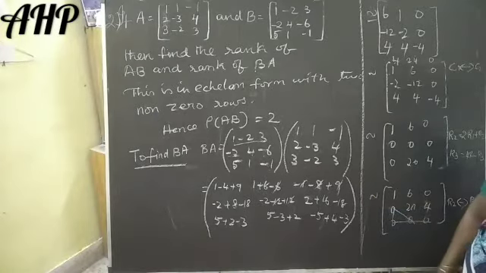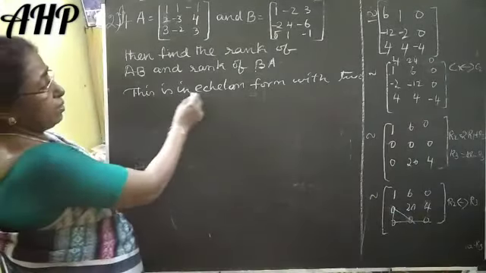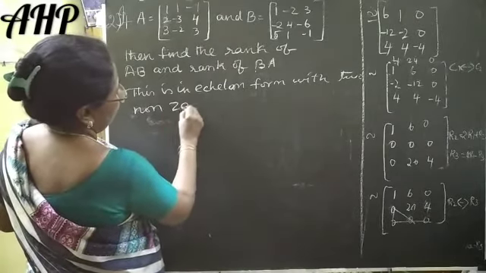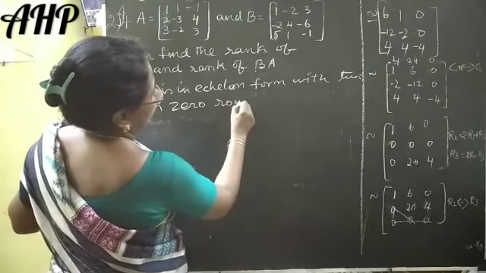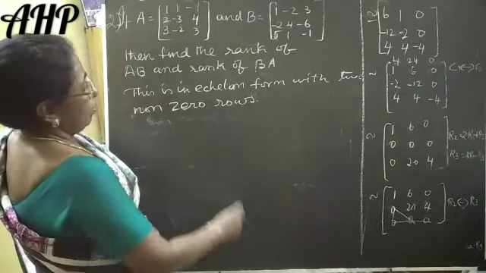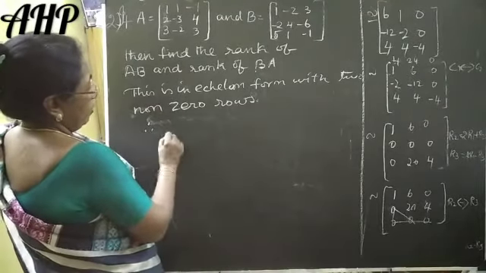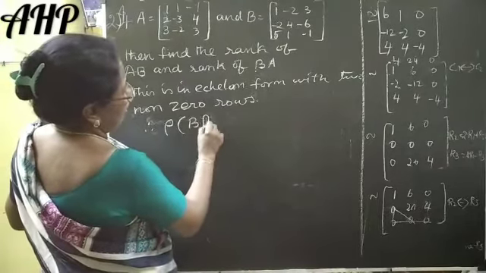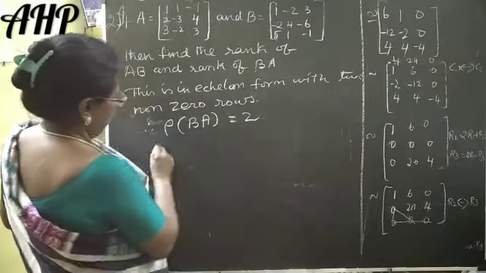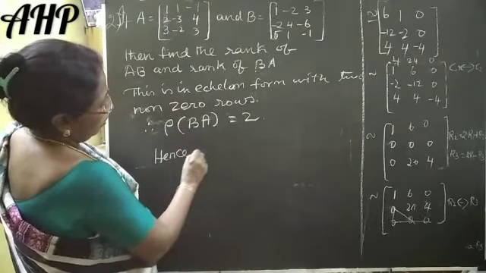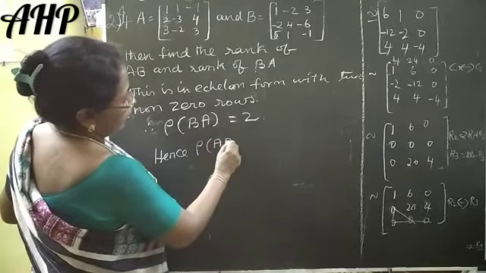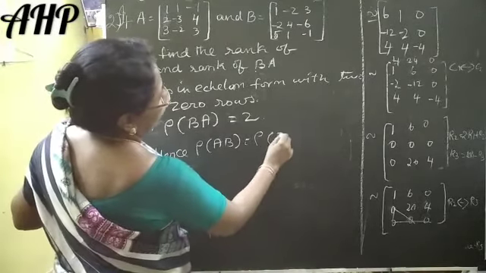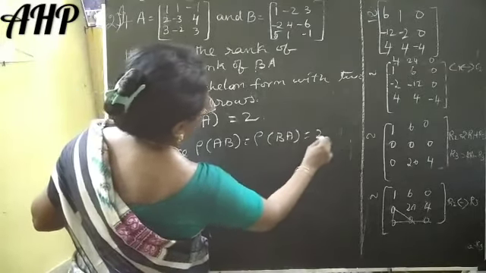Hence the rank of BA is also equal to 2. This is an echelon form with two non-zero rows. Therefore, rank of BA is also equal to 2. Hence, rank of AB is equal to rank of BA is equal to 2.